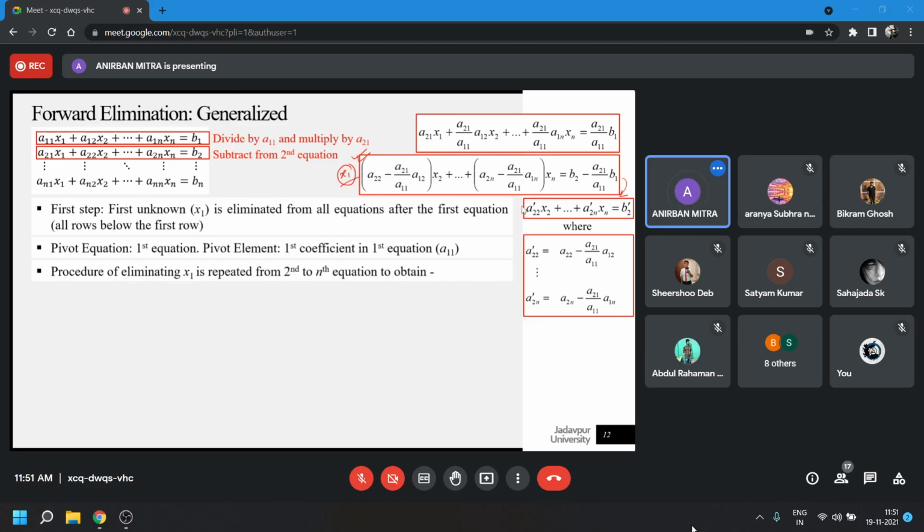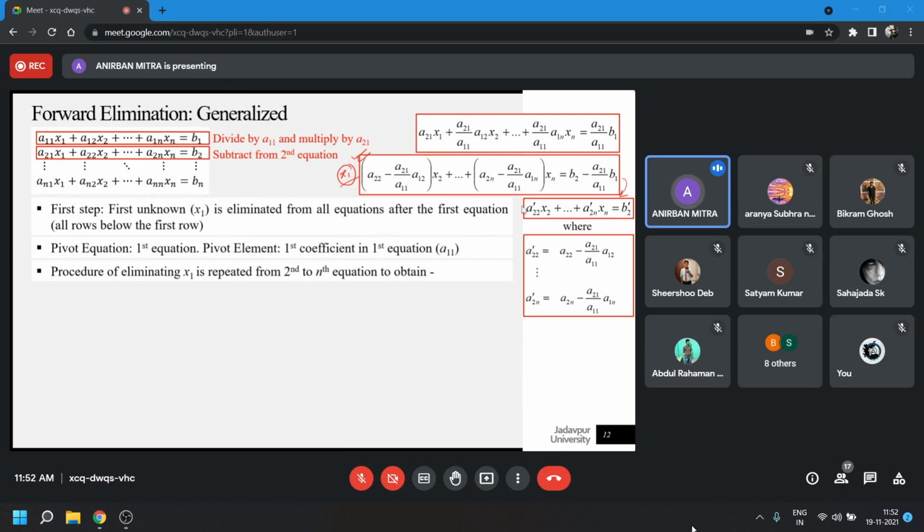Now the next, you would have to repeat the procedure for this forward elimination technique, starting from the second to the nth equation. So we leave the first equation as it is. We do not take it into our calculations anymore. And we consider from the second to the nth equation. So now the second equation would be the pivot equation.